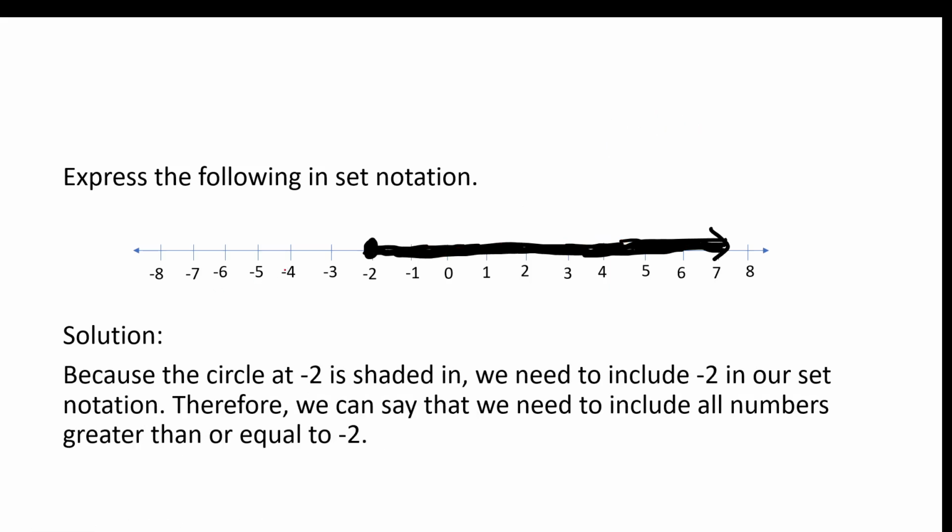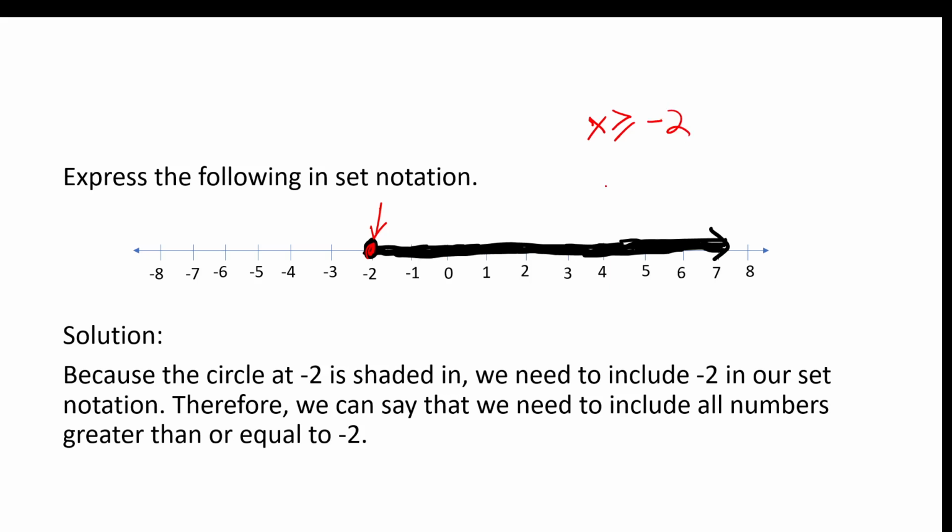But we also have to realize that at -2 itself, that value itself is shaded in. So we have to include -2. So that means we're going to think x is greater than or equal to -2.